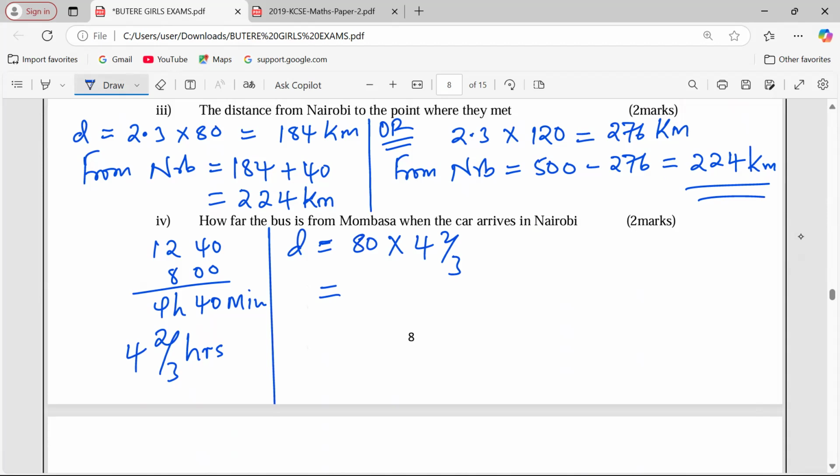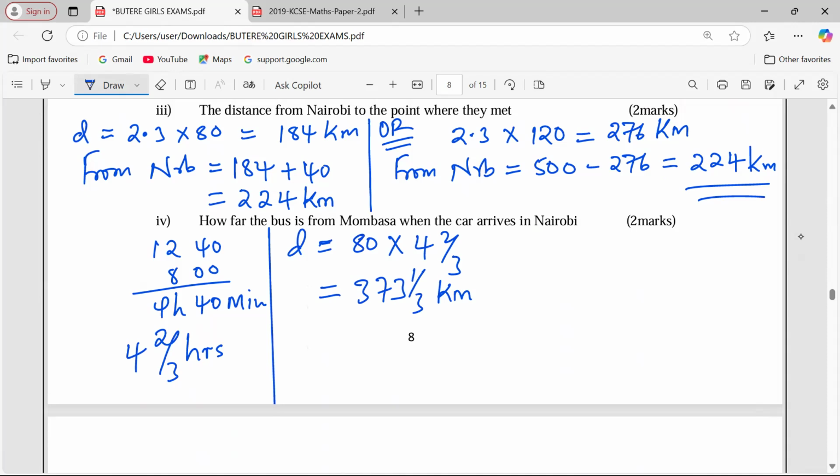This is going to give us exactly 373 and 1/3 kilometers. Therefore, for 4 hours and 40 minutes, the bus has covered 373 and 1/3 kilometers from Nairobi.